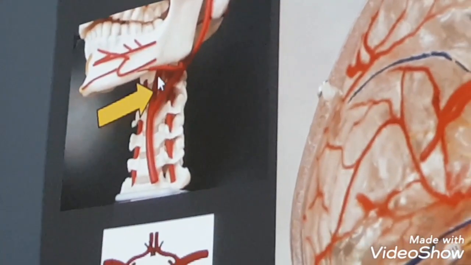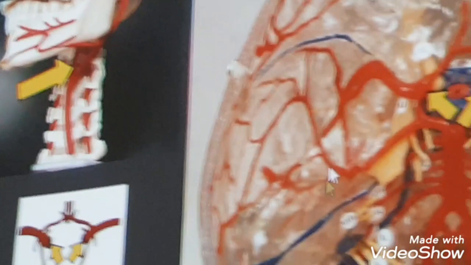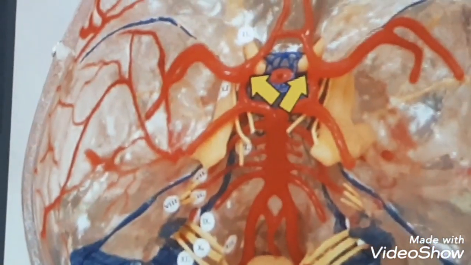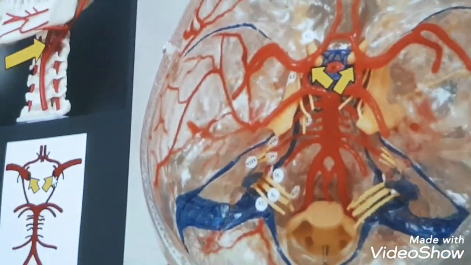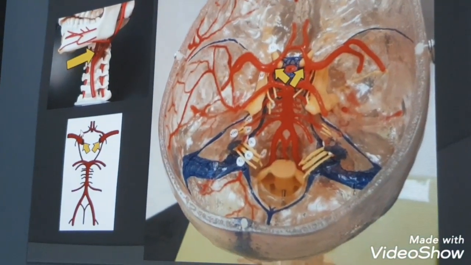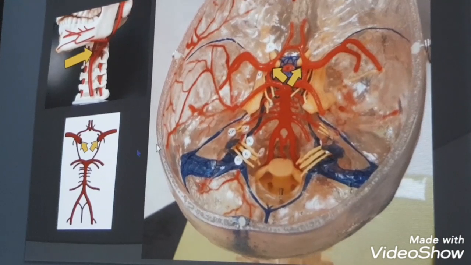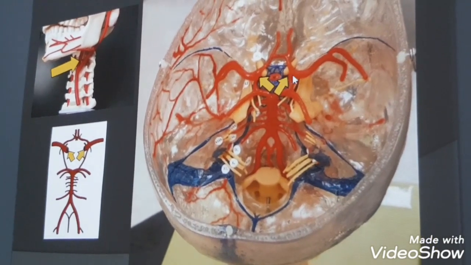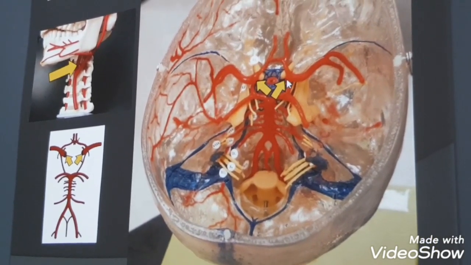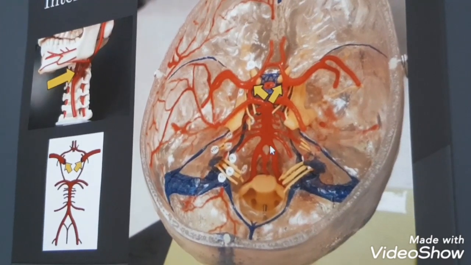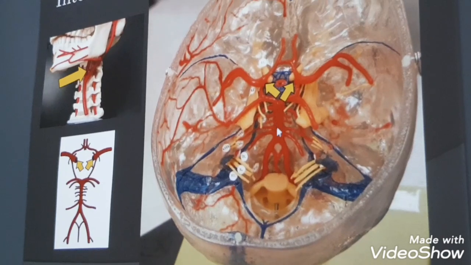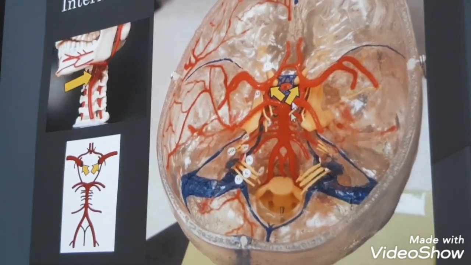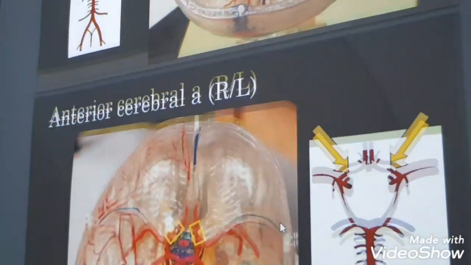So if I were to follow this internal all the way to the base of the skull, I would see that dumping into the Circle of Willis. So they're the stubs right here on either side. So what are these again? Vertebral arteries. What's this? Basilar, and now we have internal carotid.